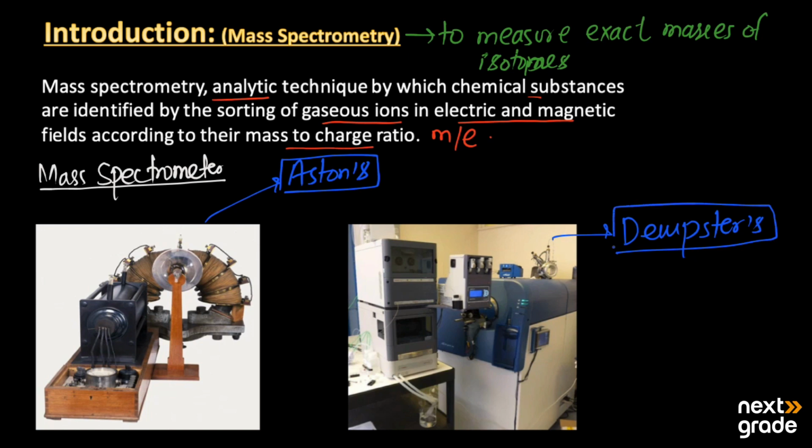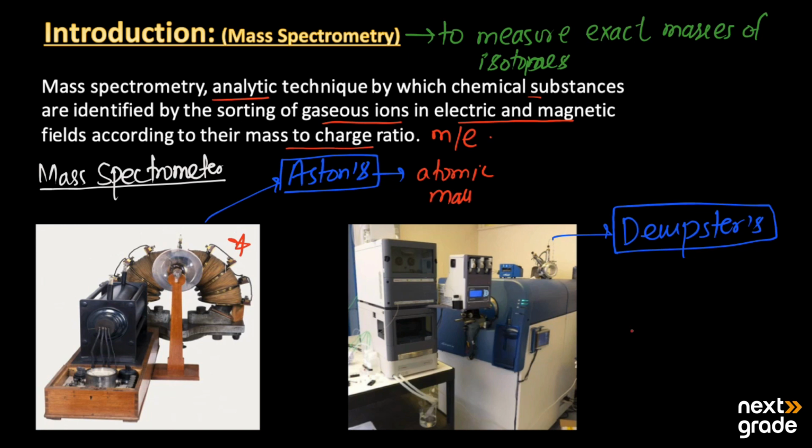Aston's mass spectrometer, or spectrograph, works on the basis of atomic masses. This is a simple picture of Aston's mass spectrometer.